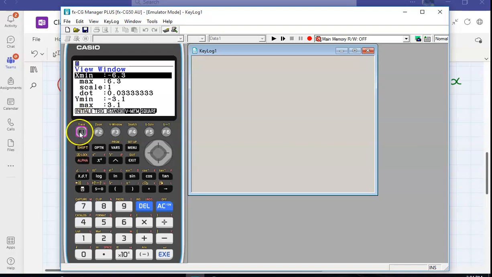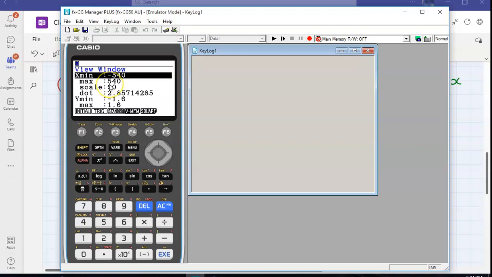So initial would turn your rectangular screen to square. So when I draw a circle, in this scale, it will actually look like a circle and not an oval. Trig, when we draw our sine and cosine graphs, it just gives you the scale.